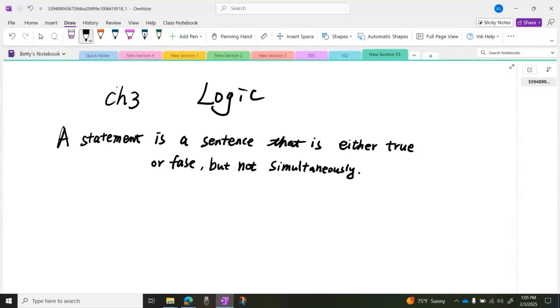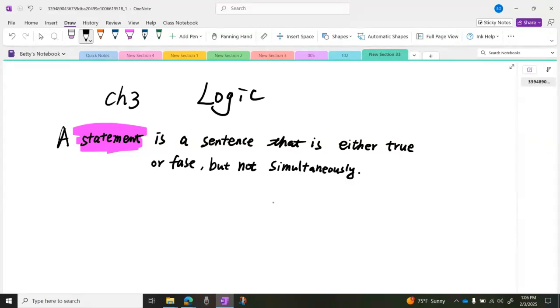That's the formal definition of a statement. A statement is a sentence that either describes a fact or tells a lie, but not at the same time. Not at the same time.